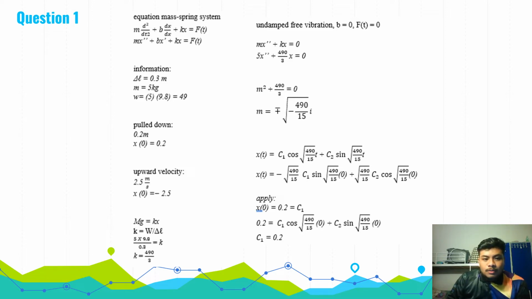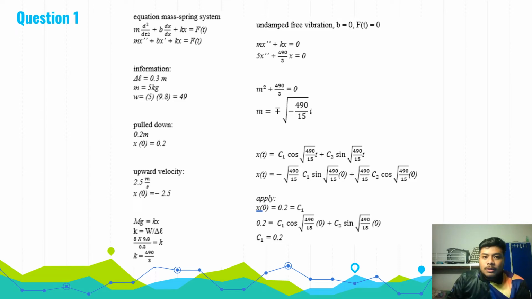The pull down is 0.2, and the upward velocity is negative 2.5. We can also get k by using the formula: 5 times 9.8 divided by 0.3, the spring stretch, and we get k is 490 over 3.